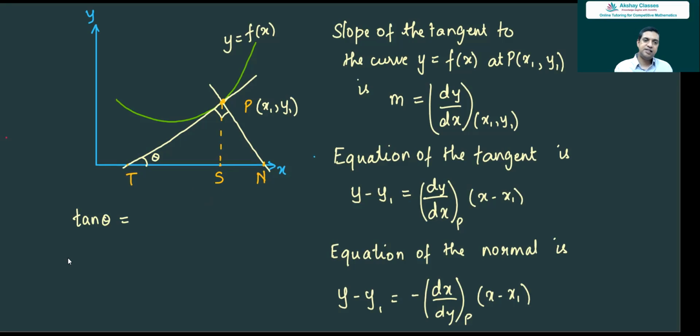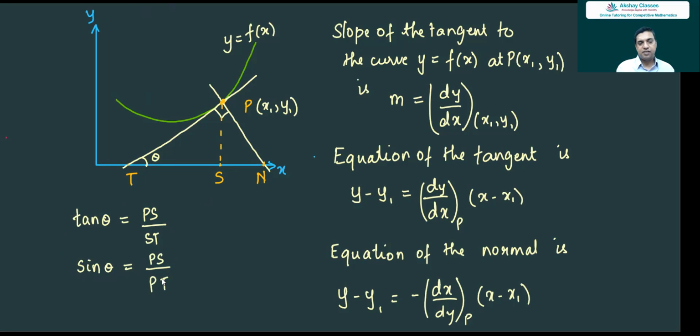I'll call this S. So tan theta will be PS upon ST, and sin theta will be PS upon PT.